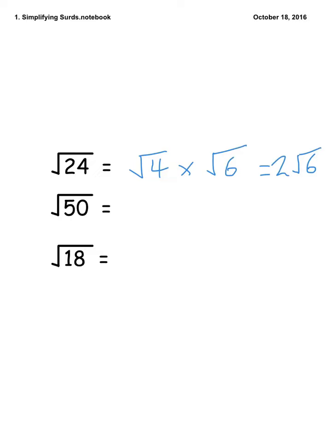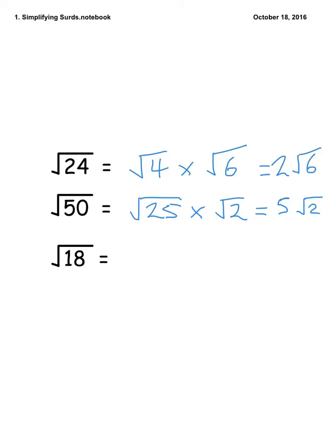Here's another example. A square number that divides into 50 is 25. To get 50, we would need to multiply that 25 by 2. We know the square root of 25 is 5, and we don't know the square root of 2, so that has to stay at the end of our answer. Okay, final example.